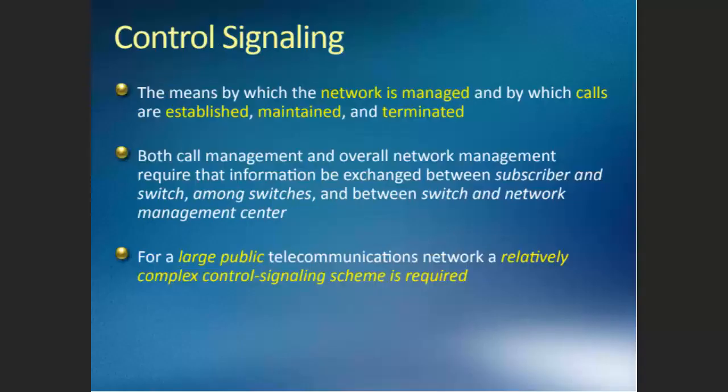Control signals: of course, the signal you have to control it. It is managed, and by it calls are established, maintained, and terminated. This is done by the telecom company. Also, you need some information to be exchanged between the subscribers, because if you call someone and his line is busy, you need to know that.